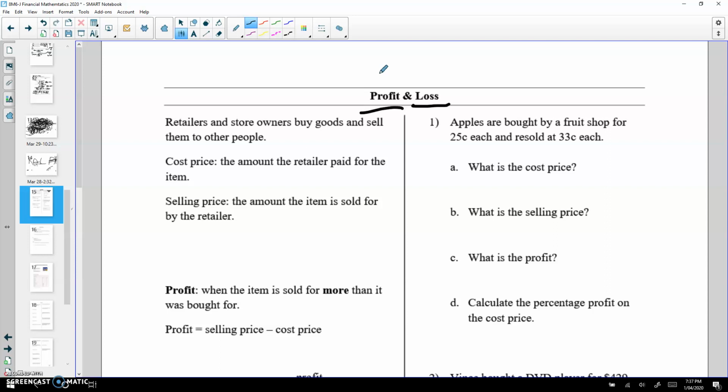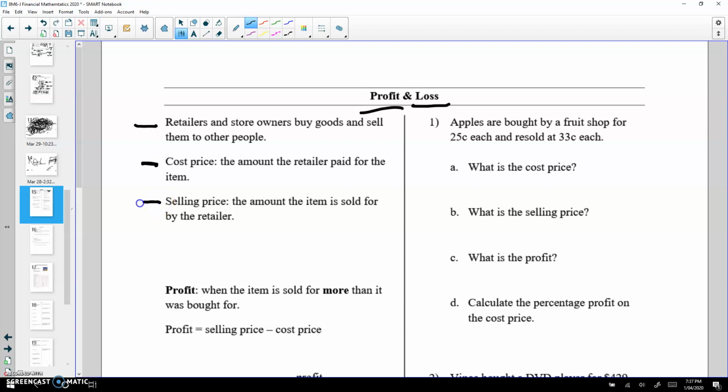So a little bit of language before we get into the questions for this topic, which involves finding not only the amount of profit, but the profit and loss as percentages. Retailers and store owners buy goods and sell them to other people. The cost price is the amount the retailer or the store owner pays for the item.